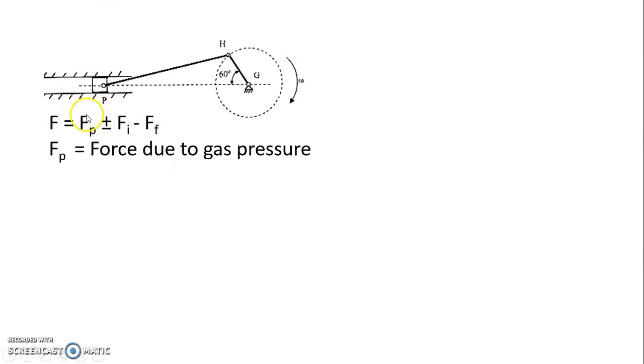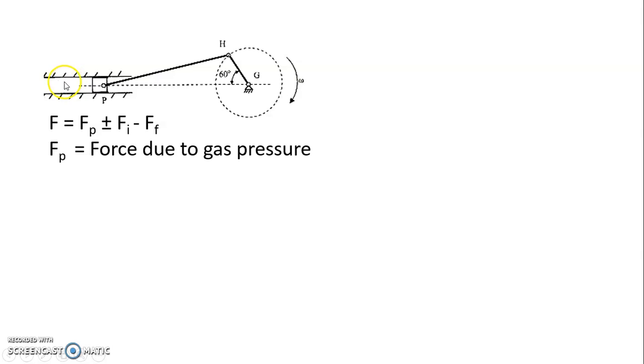Fp denotes the force due to the combusted gas pressure, Fi denotes the inertia force due to the mass of the piston, and Ff is the force due to friction. You know, inertia force always acts in the opposite direction to the acceleration.